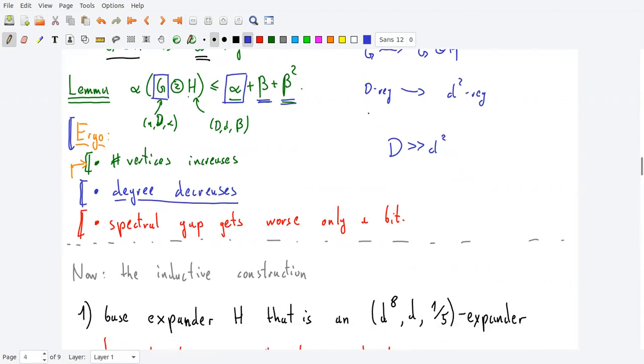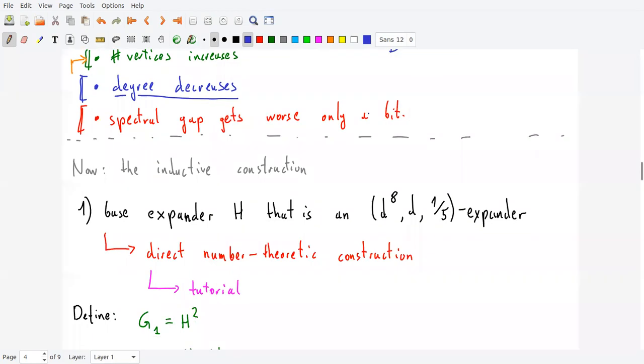If there are no questions about the zigzag, before I give you the definition of the zigzag and the proof of this lemma about the spectral behavior, I will now prove the theorem based on the stated properties of the zigzag. So now we give this inductive construction of the graphs G1, G2, G3, and so on, based on the assumed properties of the zigzag product.